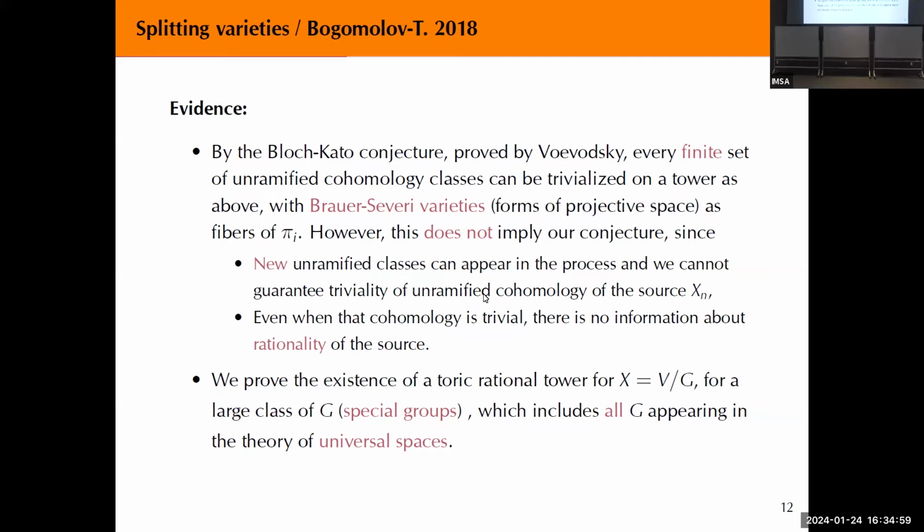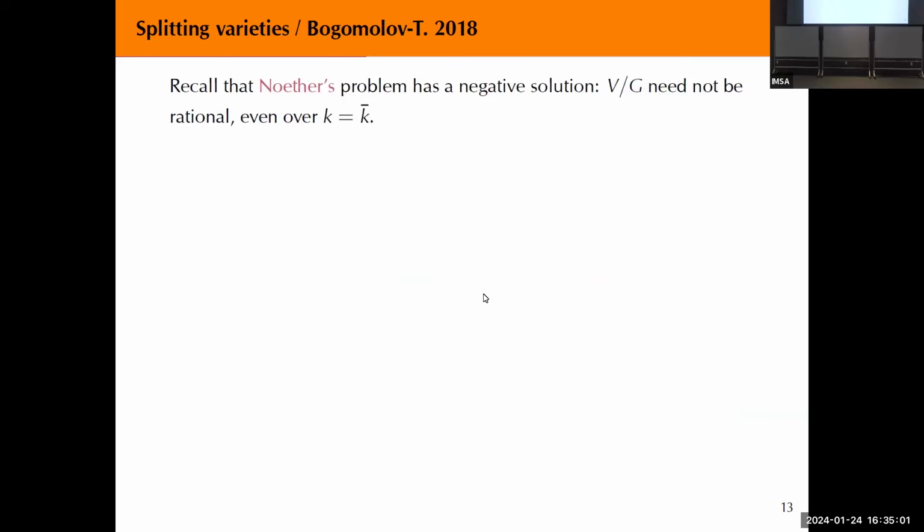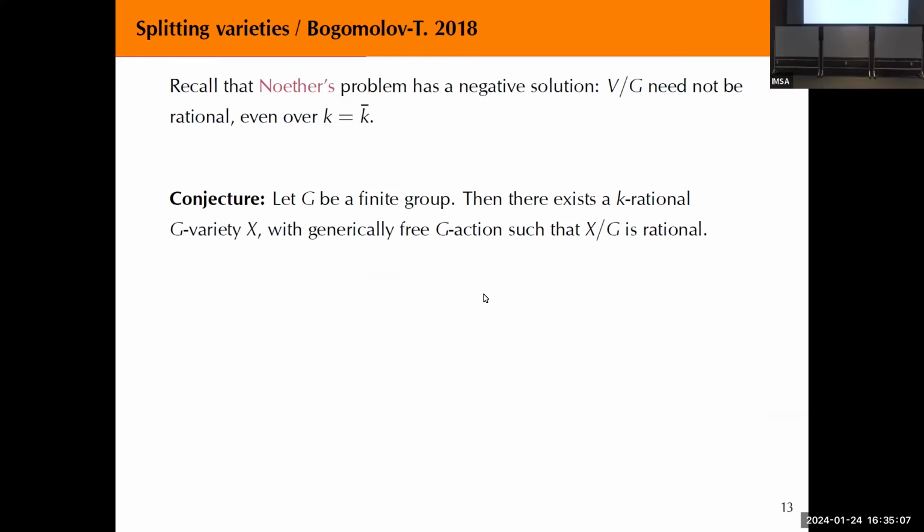Okay, so I hope I've motivated enough. So Noether's problem, as I mentioned, has a negative solution. V mod G need not be rational. And then you can ask, can you rescue Noether's problem in some form?